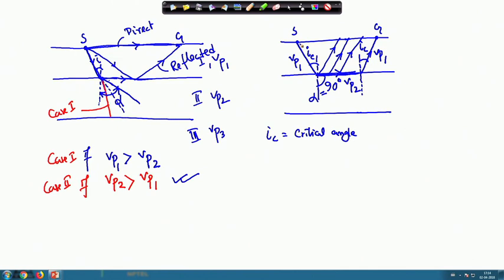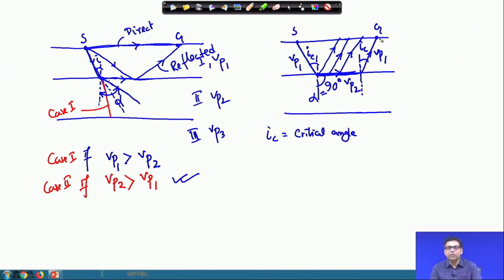If we increase the distance from the source to the geophone, the possibility of the refracted rays reaching the geophone will increase. So there is one particular distance where the direct ray and the refracted ray will reach at the same time.